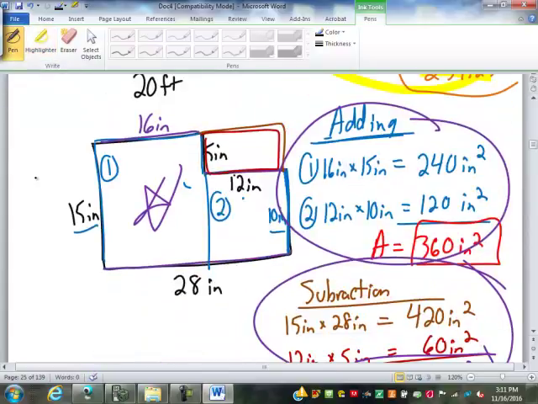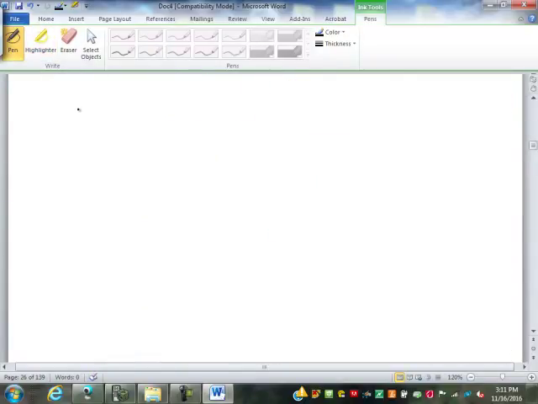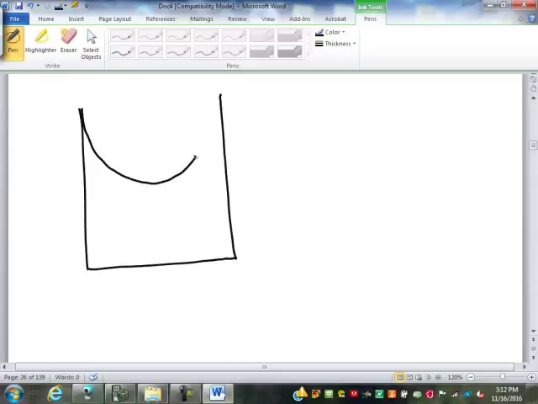Now this next example, pretend that looks like a half circle. Let's say that's 18 feet and this is 20 feet.